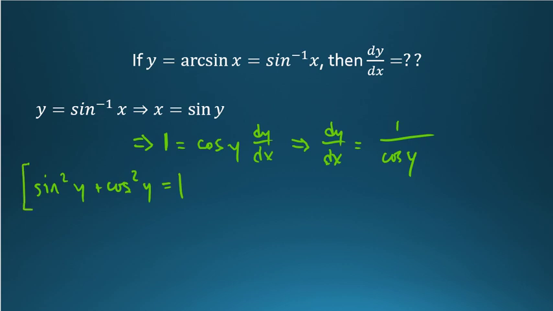This is all side work here. So this means that cosine of y is going to equal the square root of 1 minus sine squared y.